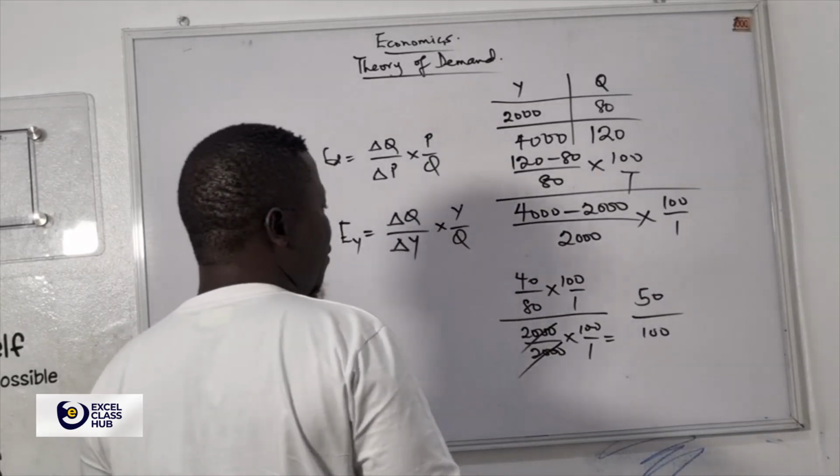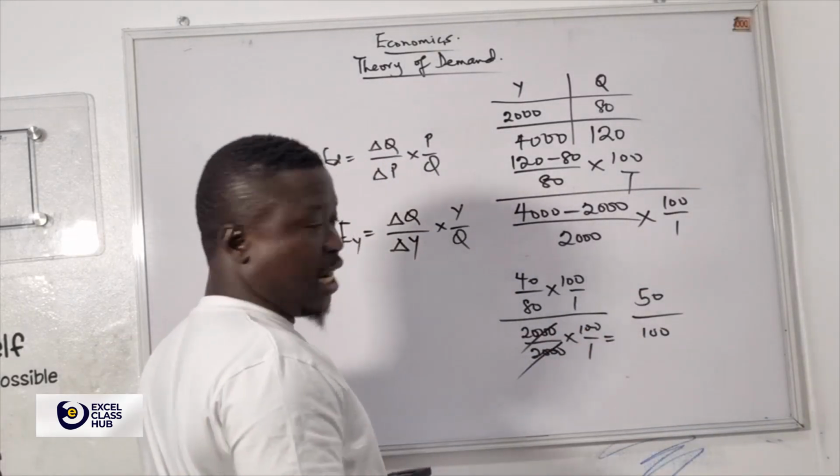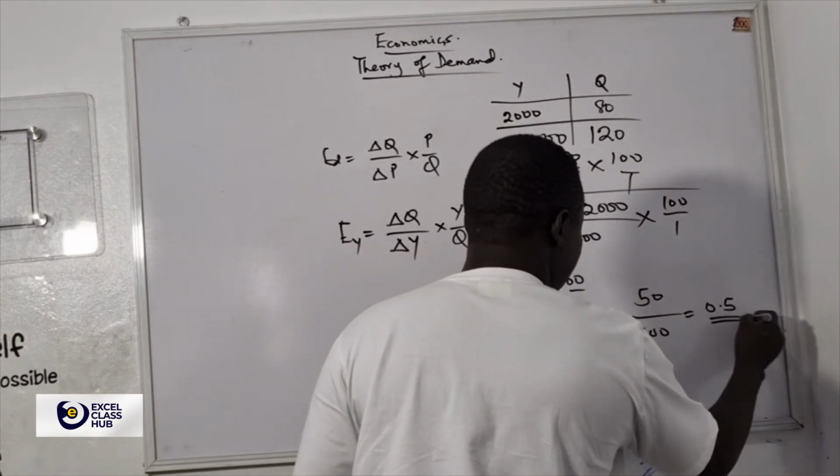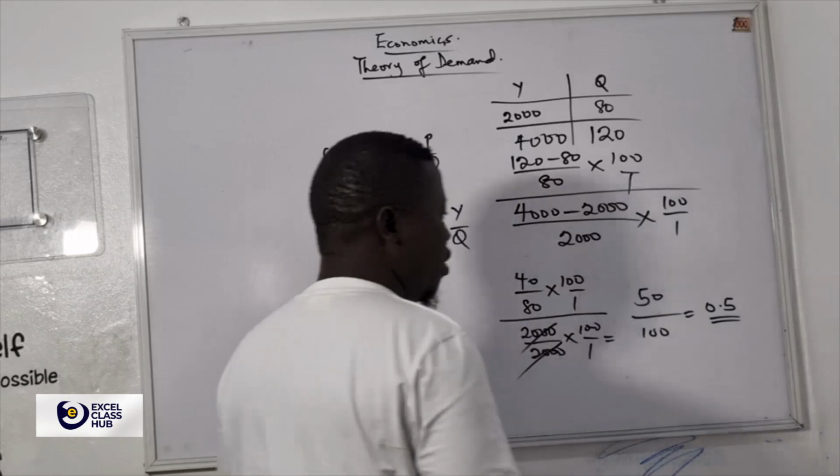If you look at it now, 50 divided by 100, we have 0.5. That is the income elasticity of demand.